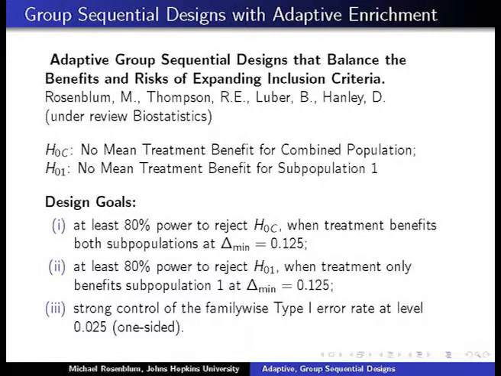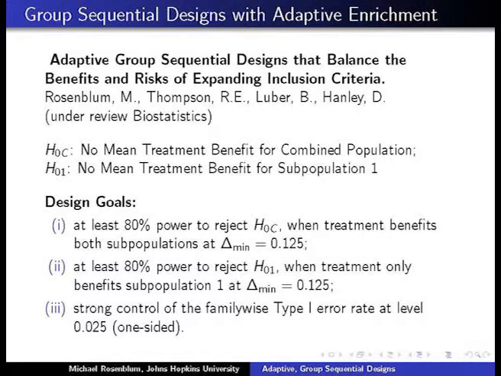The two hypotheses I'll focus on here are the combined population null hypothesis, H0C for combined, which is no mean treatment benefit for the combined population. This is in terms of risk difference: if you compare the probability of having a successful outcome under treatment versus under control, the null hypothesis is that treatment is no better than control.